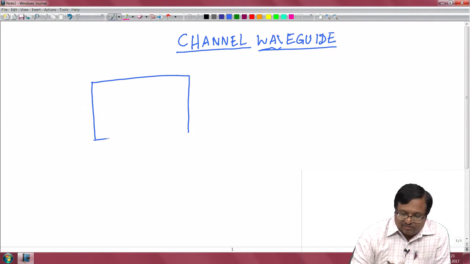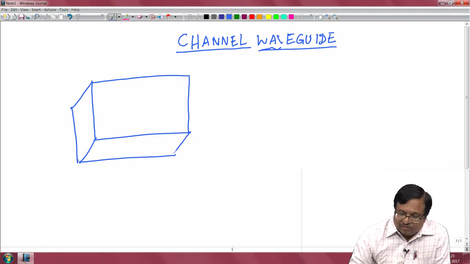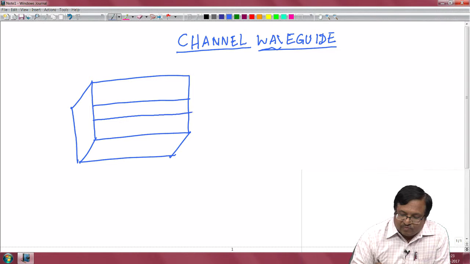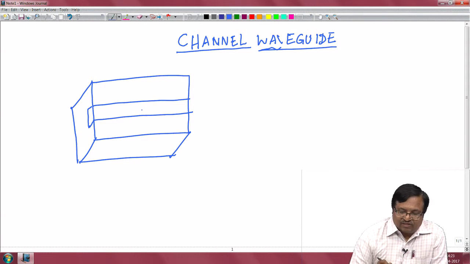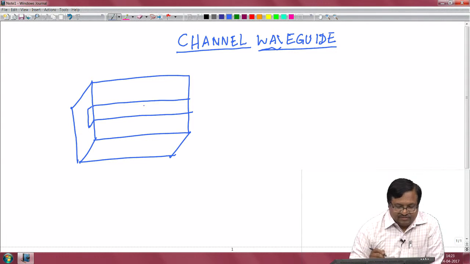So, a typical configuration of a channel waveguide is as follows. We have a substrate, I am drawing the top view, and also all these projections. We shall worry about how to fabricate these later on, but you can assume that this can be formed by diffusing some material into the waveguide region.